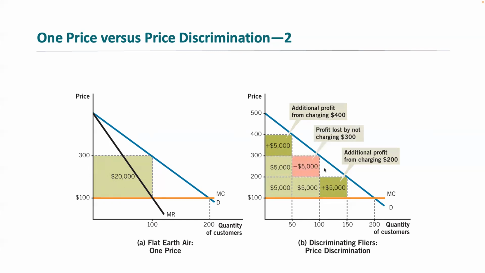Now, the profit that we lose by not charging the full 300 to everyone is this $5,000, but we're able to gain $5,000 in profit by offering discount tickets at a price of only 200, and that additional profit of those more expensive tickets. So even though we're losing out on some profit in the middle, overall, we're ending up with a total profit that's $5,000 higher than Flat Earth Air. And that's because they are operating on that discriminatory price basis.